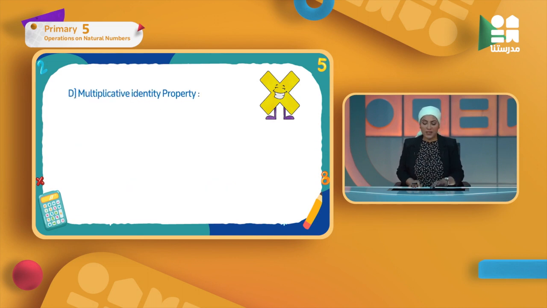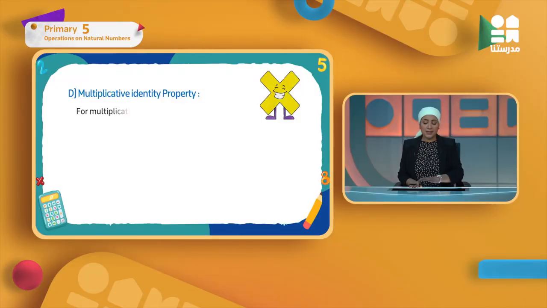Now let's move to letter D, multiplicative identity property. Do you remember the additive identity property? We said it was 0, because 0 changes nothing. Then in the multiplication, the multiplicative identity is not 0, because anything that I multiply by 0 is 0.